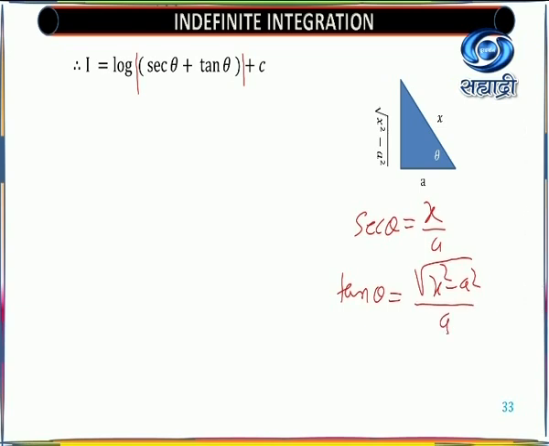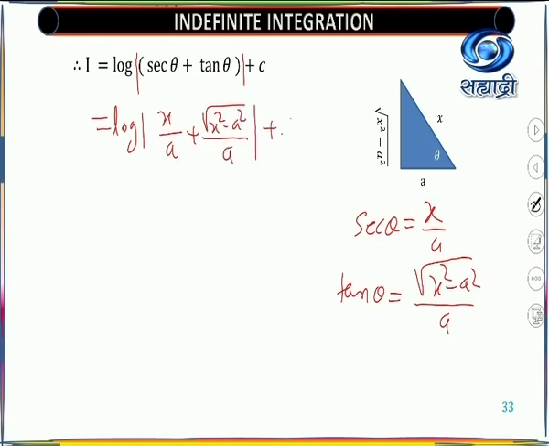Now if you substitute here, you will get log of mod x upon a plus root of x square minus a square upon a plus constant of integration. Now I'll write this as log of, as this is a fraction and the denominator is the same, x plus root of x square minus a square upon a, plus constant of integration.